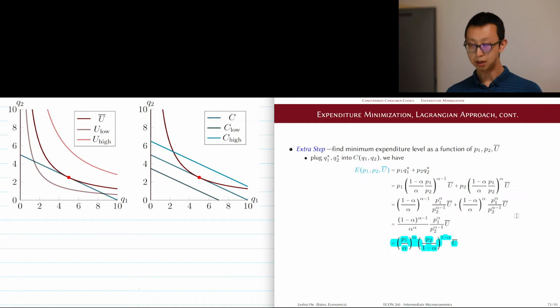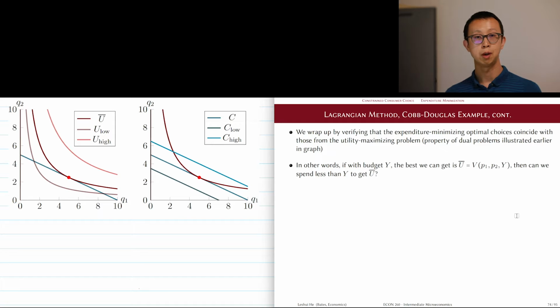Well, we're going to wrap up this expenditure minimization problem by verifying that algebraically, indeed, these quantities are identical.